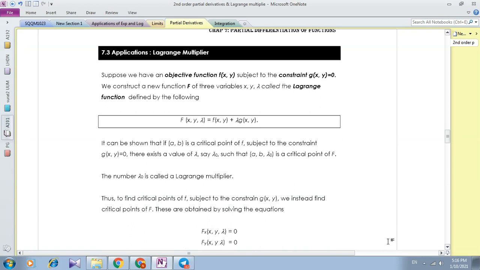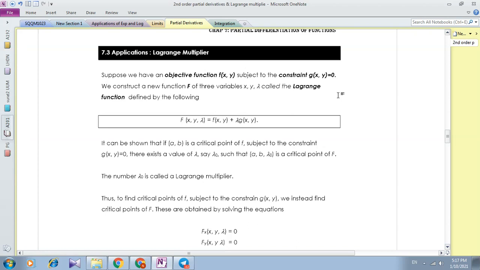For Lagrange multiplier, we have this formula. Suppose we have an objective function subject to a constraint. Our objective function will be denoted by f of x comma y, and the constraint will be denoted by g of x comma y, and we will always equate that to 0.